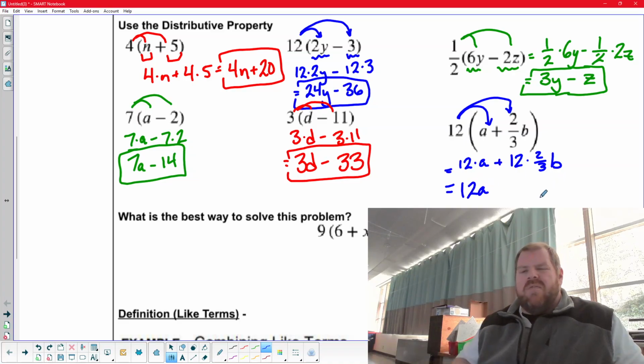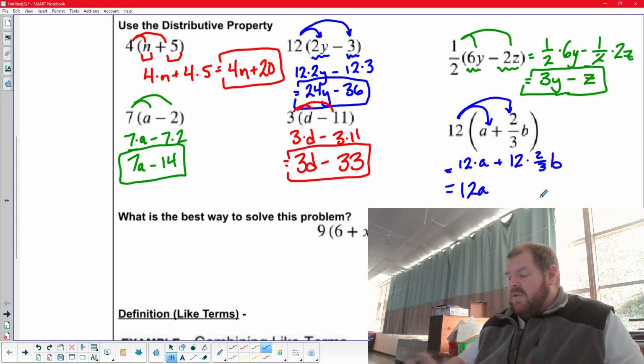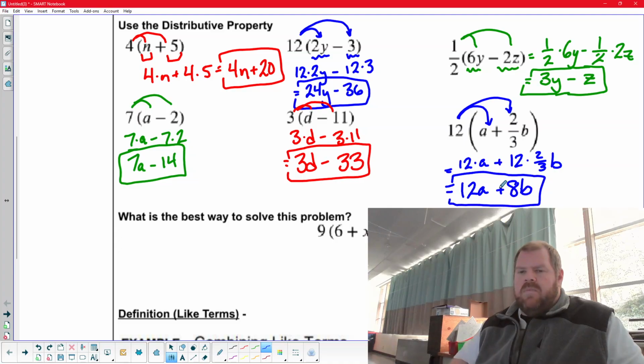Then I have to do 12 times 2/3. There are a couple different ways to do that. The easiest is 12 times 2 is 24, and 24 over 3 would be 8. That's going to be an 8B.